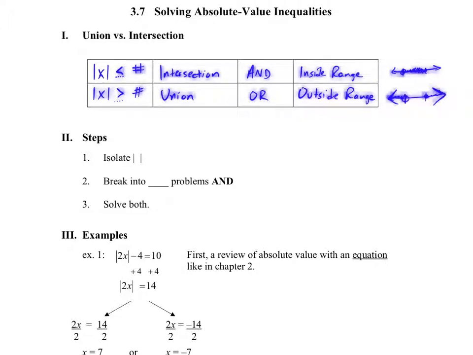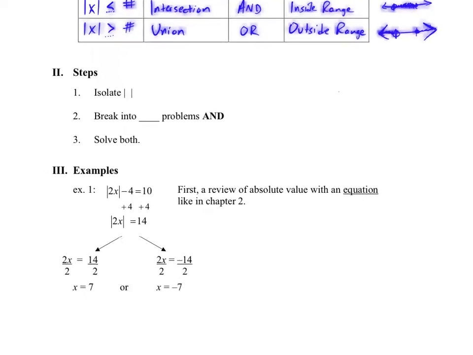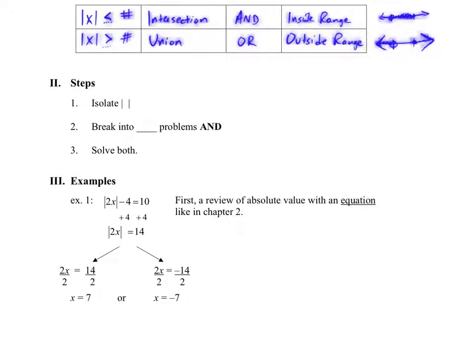And that's kind of where we're going with the notes. How do we take and merge what we were doing with the absolute value with this union and intersection stuff from yesterday? So the steps that I have there are the exact same steps as before. First step is always isolate the absolute value, trying to get anything that's outside of there by itself. So this example here, you look, we move that 4 first. Fair enough? So you want it just to be absolute value. Then you break into 2 problems and solve.